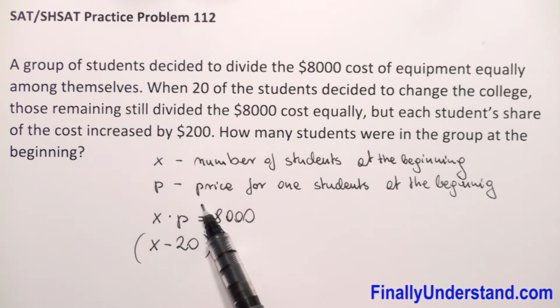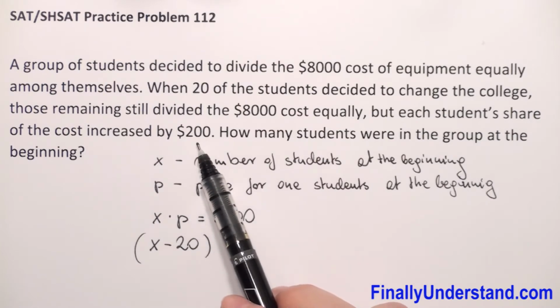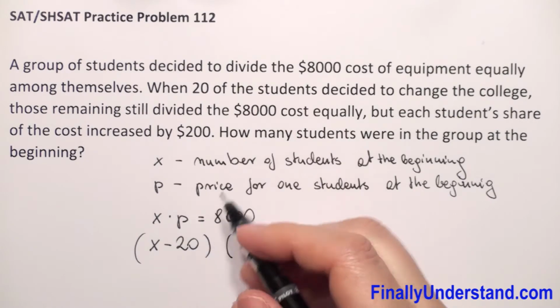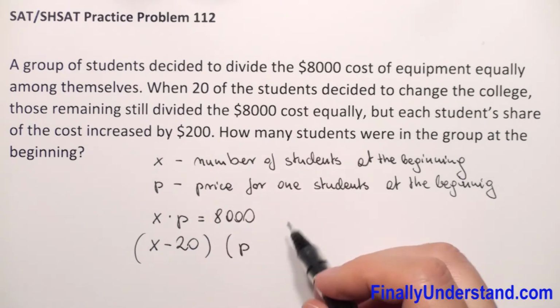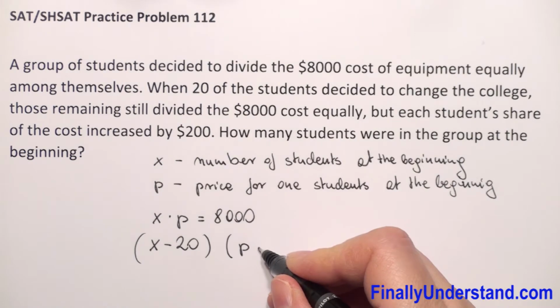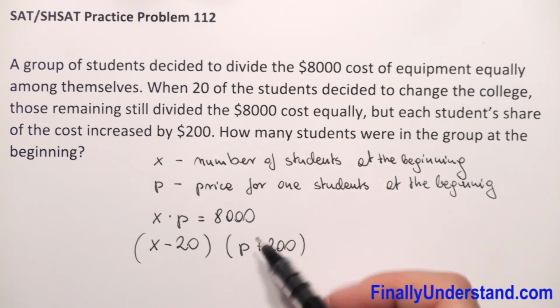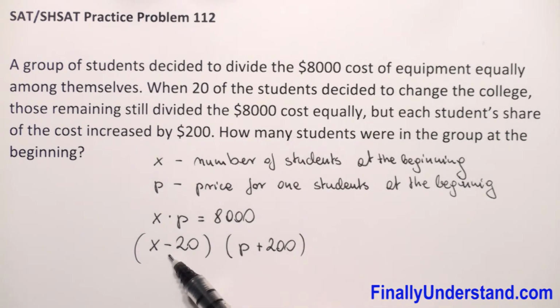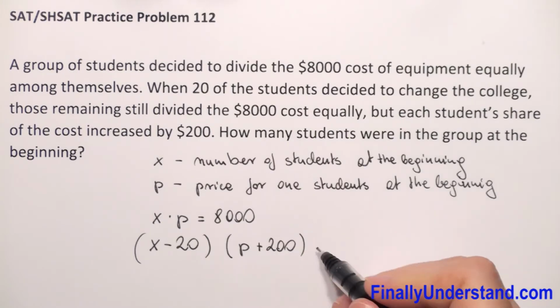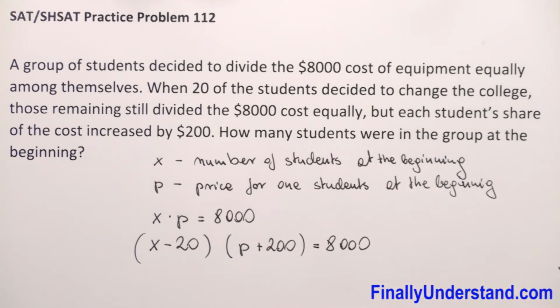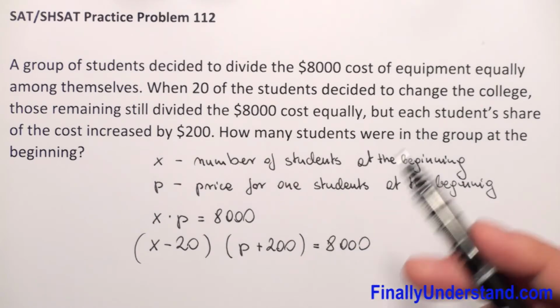So now the price for one student is $200 more, so to the price P we have to add 200. Let's forget about the dollar symbol now. And now when we multiply the number of students after 20 of them left times the price, we have to have 8,000.